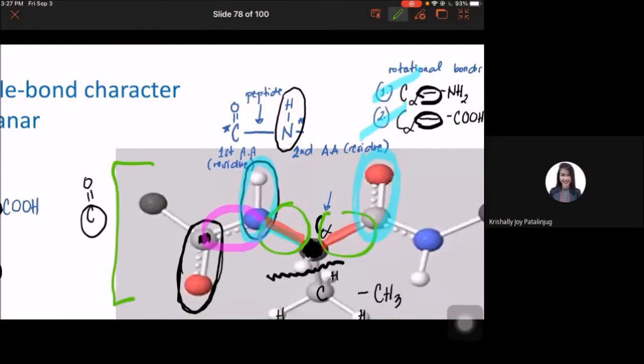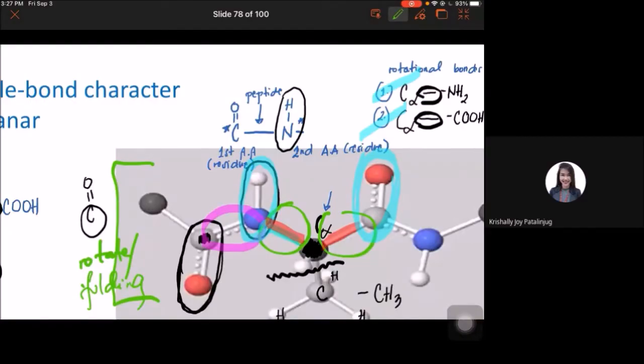Iikot. Kung sa question, wala kang makita na word na rotate, then yung folding. Folding is the same. Magfo-fold, magro-rotate yung peptide chain.